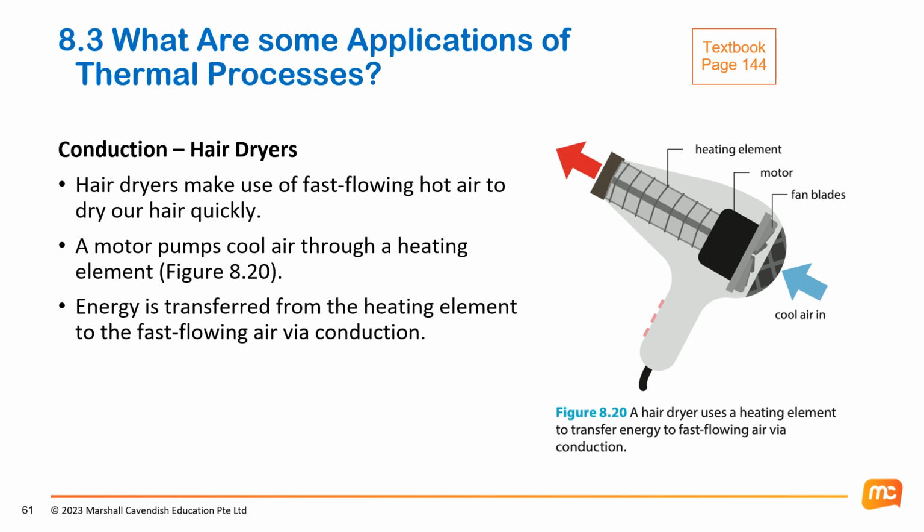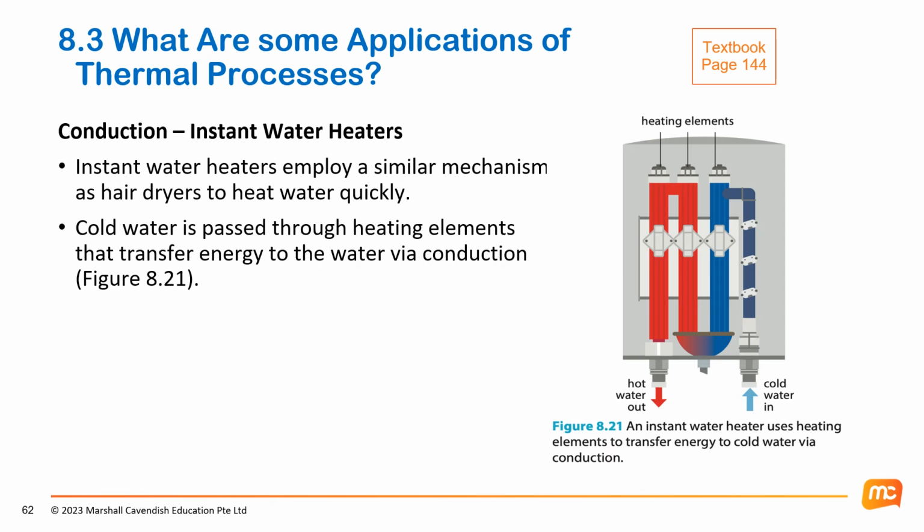Putting that all together, you need a metal heating element because metal, with its free electrons, is a very good conductor of heat. Additionally, you also want as much surface area as possible because a large surface area means that there can be a lot of contact between the heating element and the air passing through it in order to transfer the heat quickly.